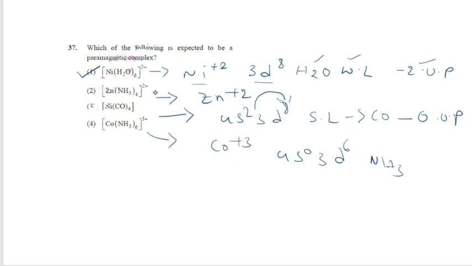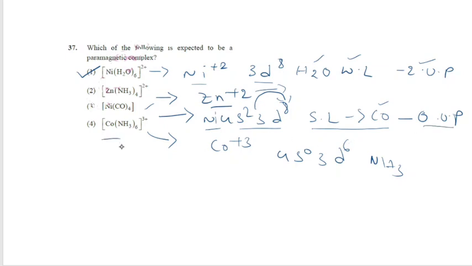Then what about the remaining? Of course, the first one itself is the paramagnetic complex. Let's check the remaining also. In the case of the second complex, Zn plus 2, the configuration is 4s0 3d10, all are paired electrons. In the case of the third complex, Ni(CO)4, nickel in the zero oxidation state, 4s2 3d8 is the configuration. In the presence of a strong field ligand like CO, the two electrons will be paired up, so it has zero unpaired electrons, hence diamagnetic.